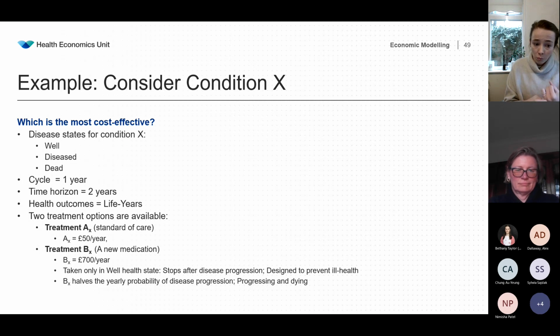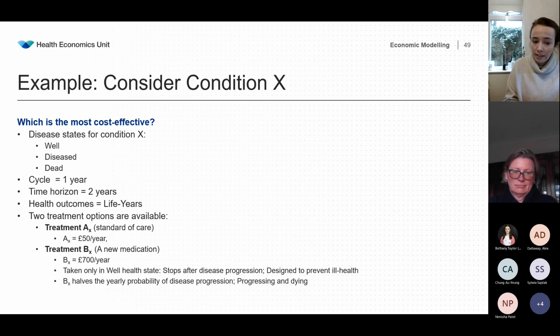The cycle is 1 year. The time horizon is going to be 2 years. Each cycle is 1 year, and we're going to look at it for a period of 2 years. The health outcome that we're interested in is life years. There are two treatments. Treatment A is the standard of care, and it's £50 a year.